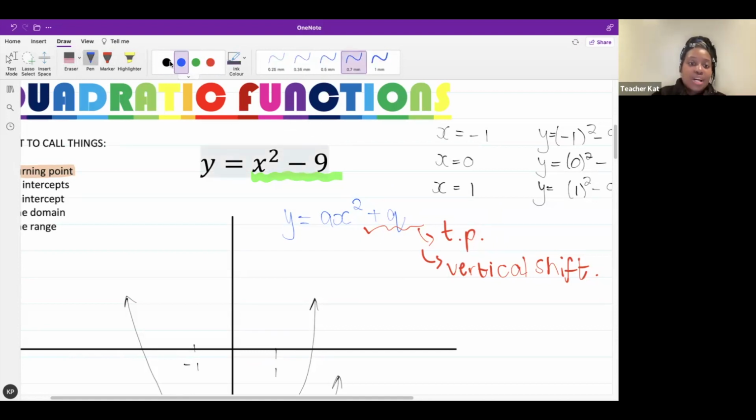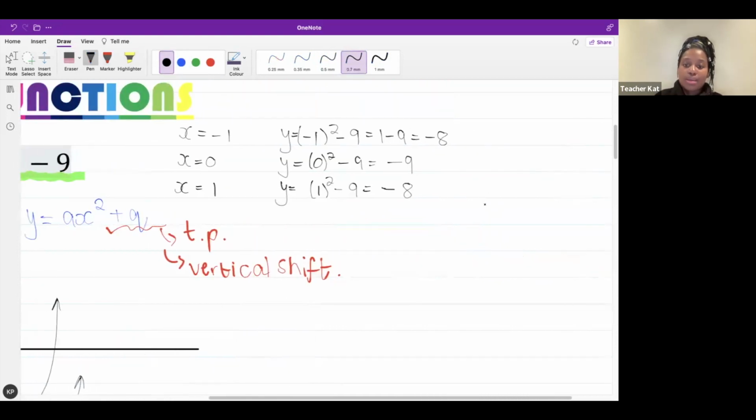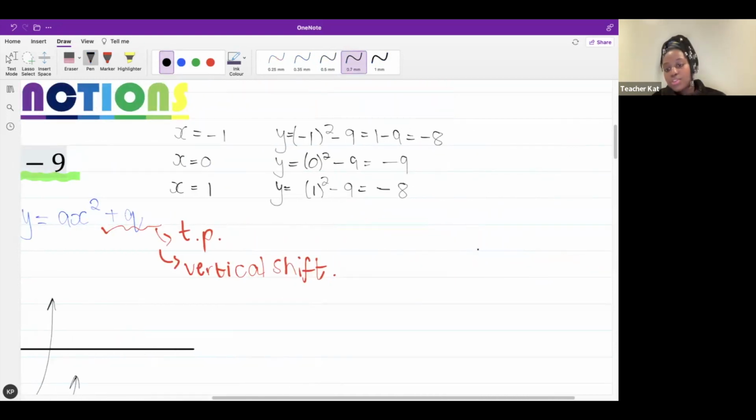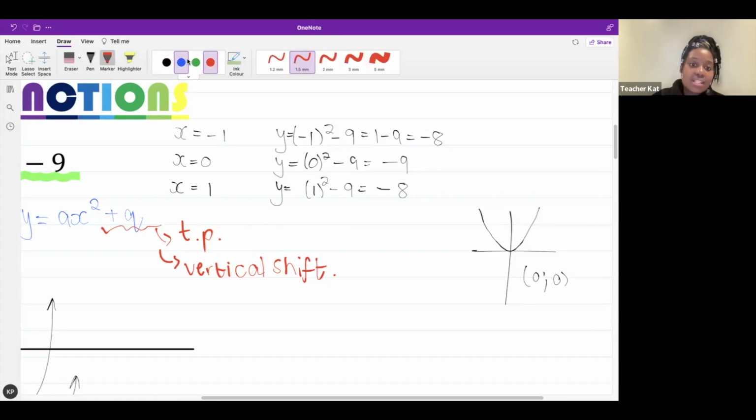Okay, the best thing you guys can do for yourself is learn what the mother graph looks like. That's the graph that is just y is equal to x squared, and that's this one. My original turning point is (0, 0). So if I've had a y shift or a vertical shift, if I move down 3, then obviously my y coordinate will be -3.